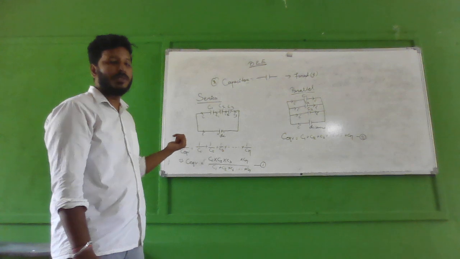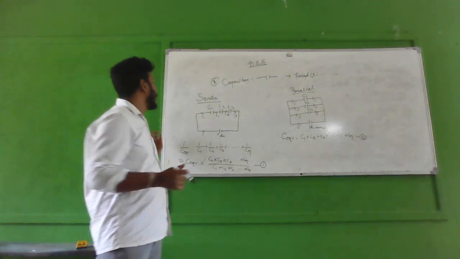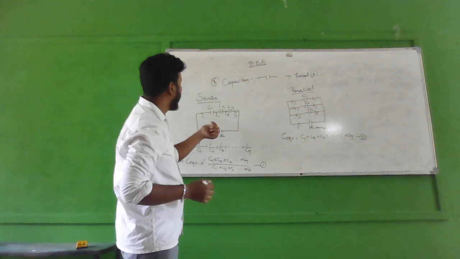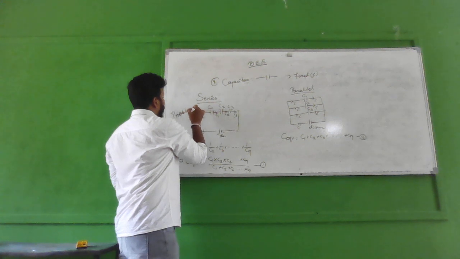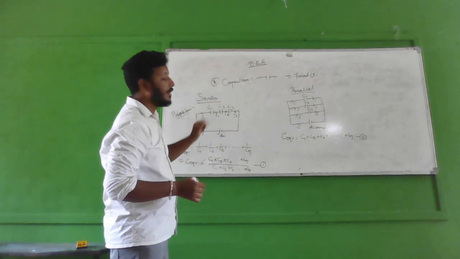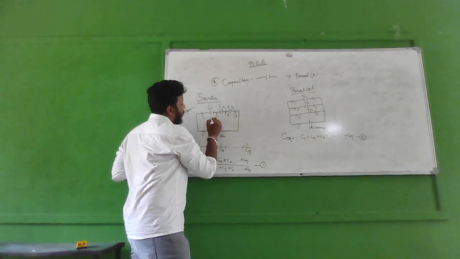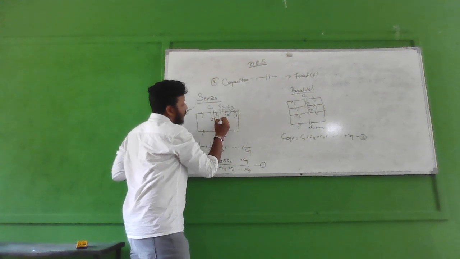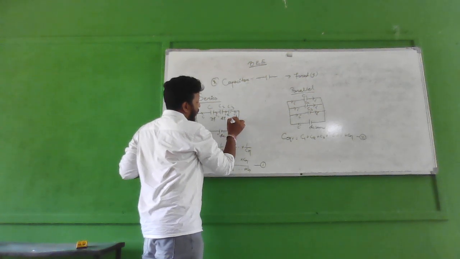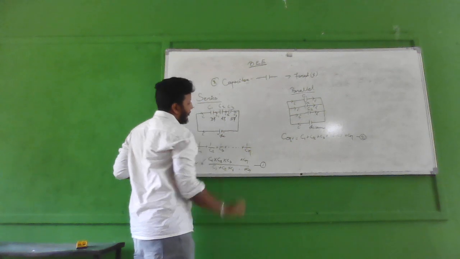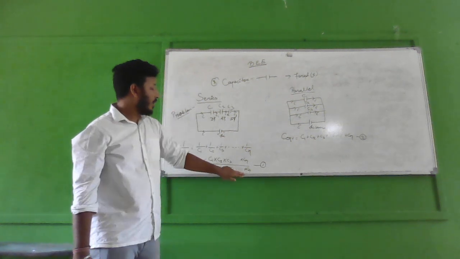Now we will deal with a problem. I will take some values: the value of C1 is 3, the value of C2 equal to 4, the value of C3 equal to 5. Got it? So what is the formula we have?